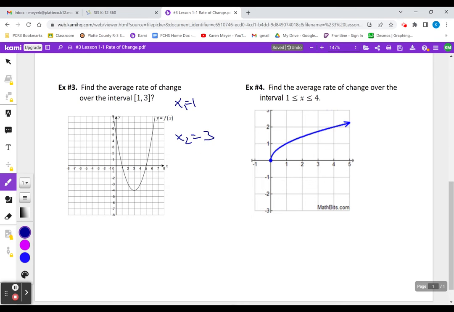But this time, instead of plugging them in, we go find them off the graph. So my first x number is 1. So here's 1 on the x-axis. And that one touches my picture right there. So since it touches my picture, then I just have to say, okay, well, what's the y value? And the y value for that point is 0.